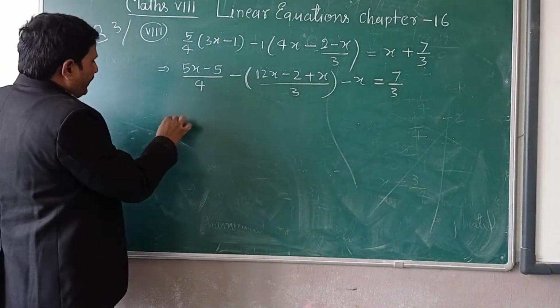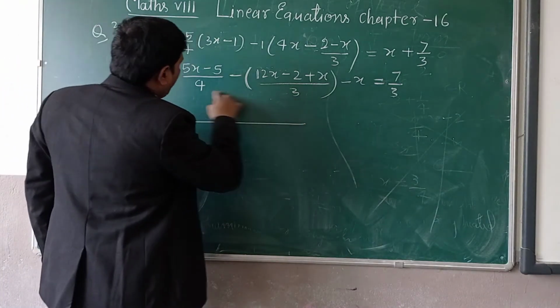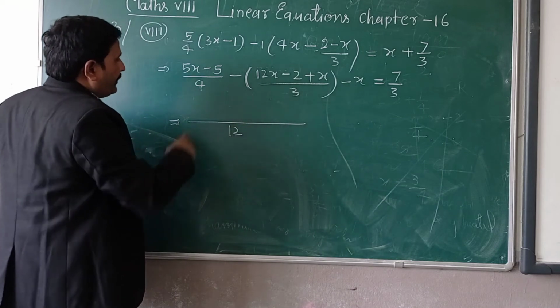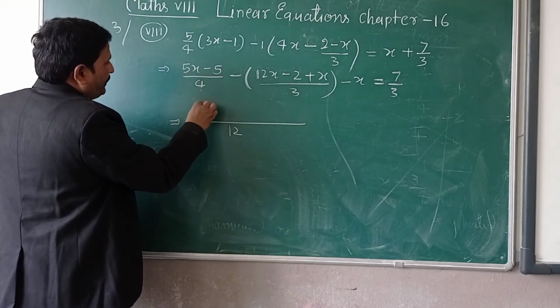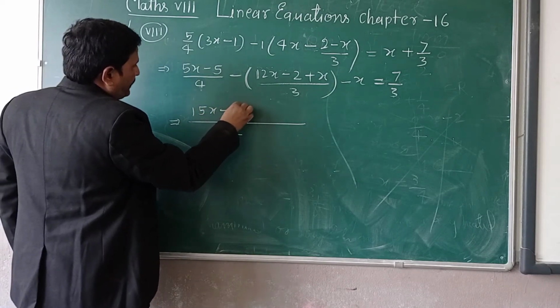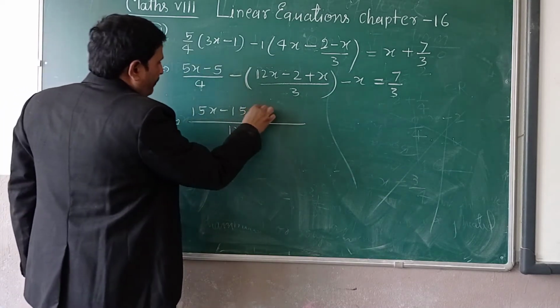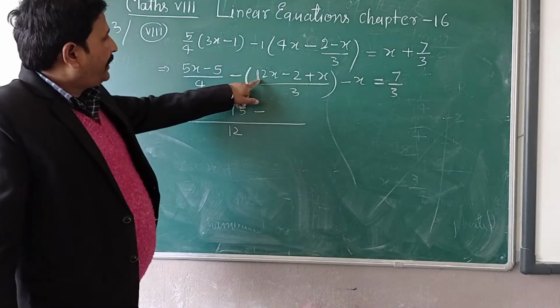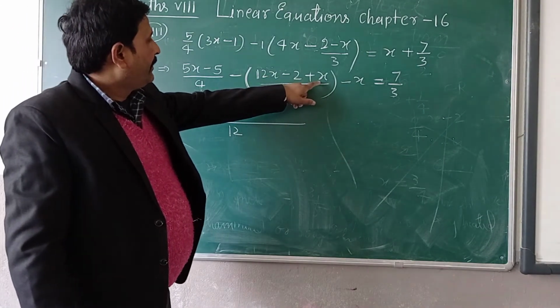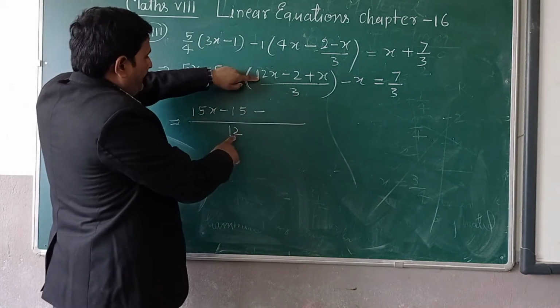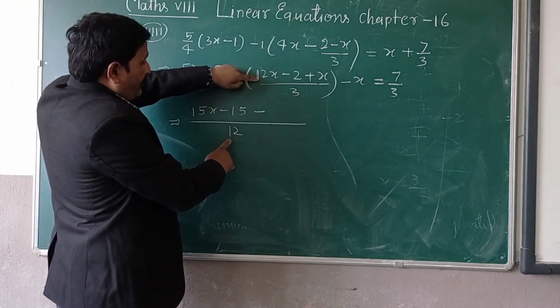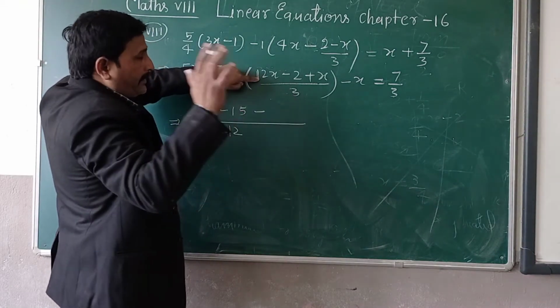Now LCM of this: 4 and 3, LCM is 12. 4 divided into 12, 3 multiplied: 15x minus 5, 12x plus x is 13x. 3 divided into 12, answer is 4.